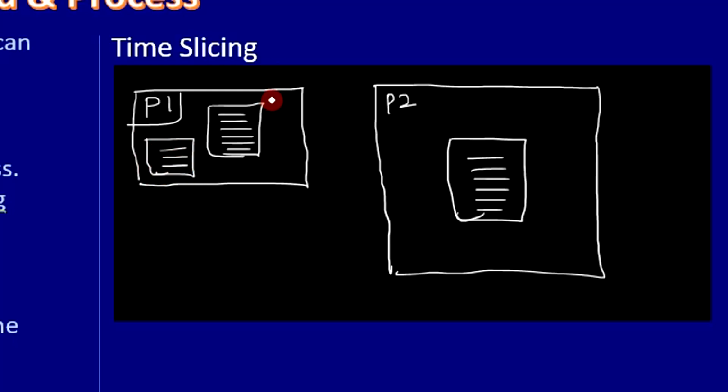So let's say this is a thread T1 and the second one is a thread T2, and the process P2 contains only one thread T1. So as already told, in a system there may not be multiple CPUs.